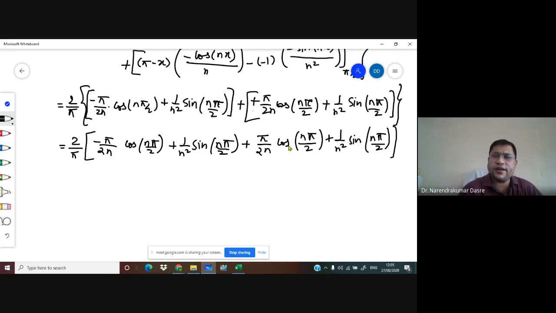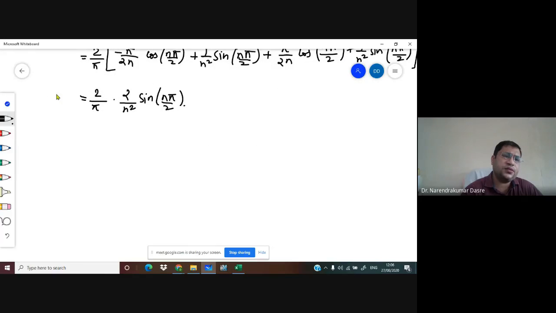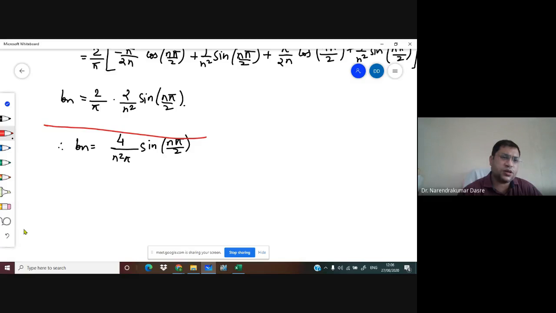Now see, this term will get cancelled with this term. This term and this term will become twice. So we get 2 upon pi, and this is 2 upon n square sine of n pi by 2. So we get the value of Bn here. So Bn is equal to 4 upon n square pi sine of n pi by 2. That's what we'll be having here.